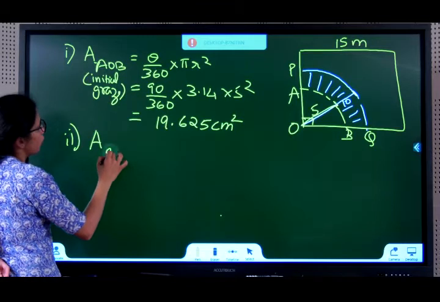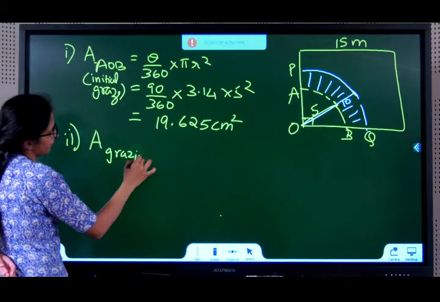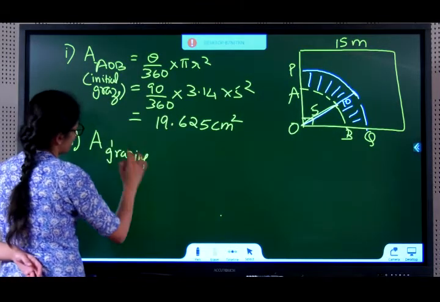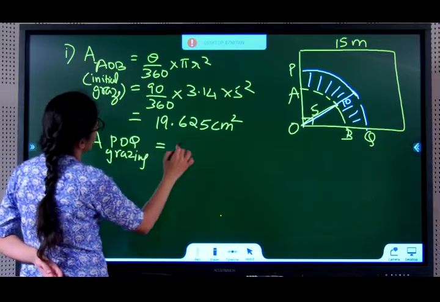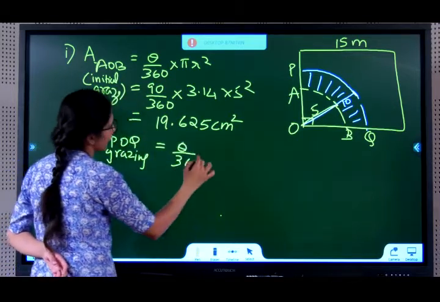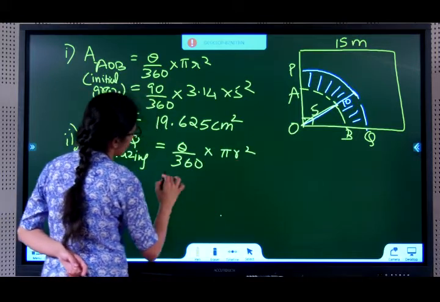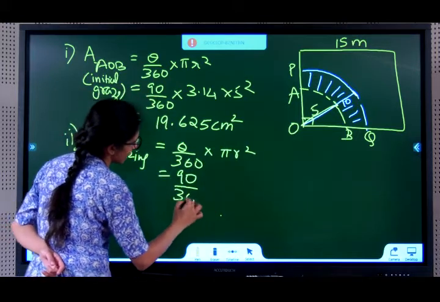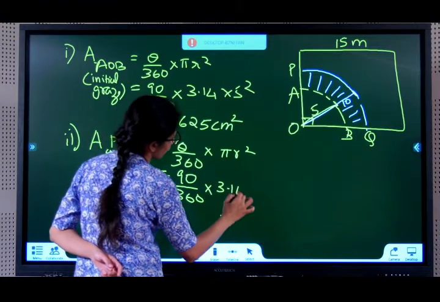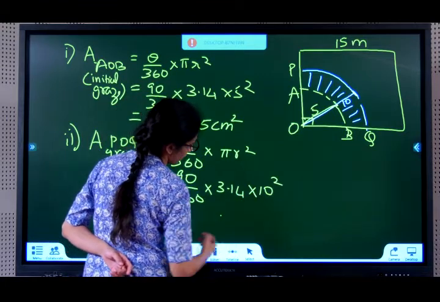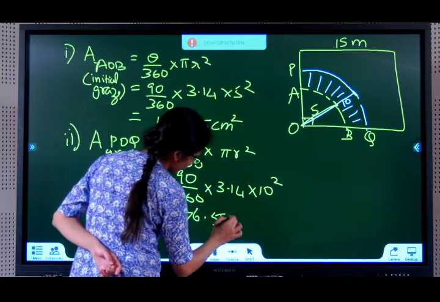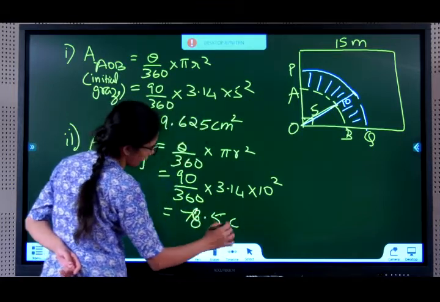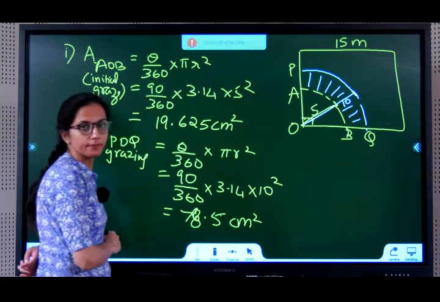Now we have increased the area. So area of grazing, full field. So this is POQ. Same, theta by 360 into pi r square. 90 by 360 into 3.14 into 10 square. On multiplying this we get 78.5 centimeter square.